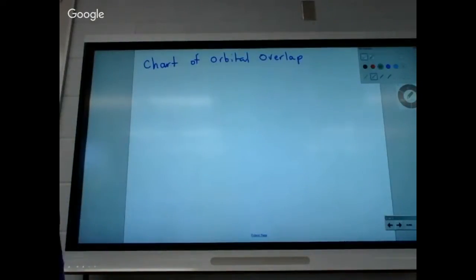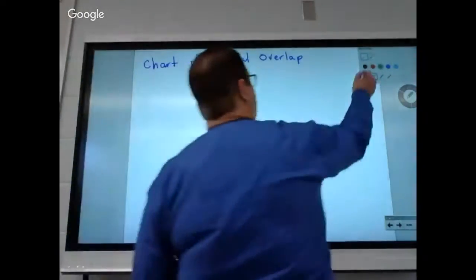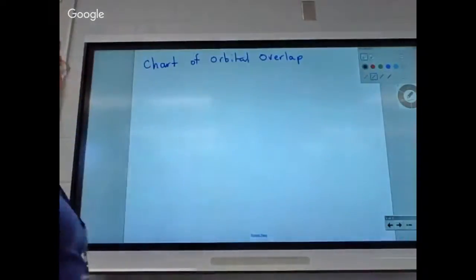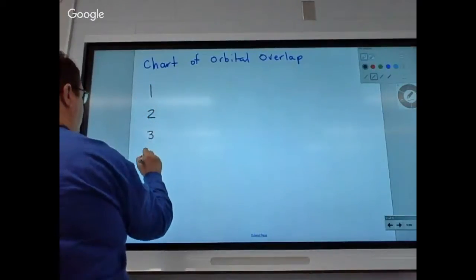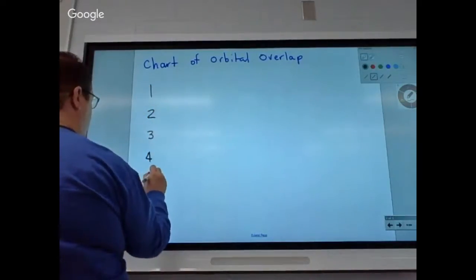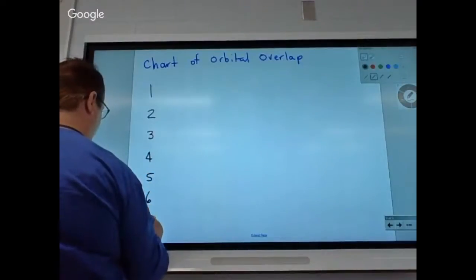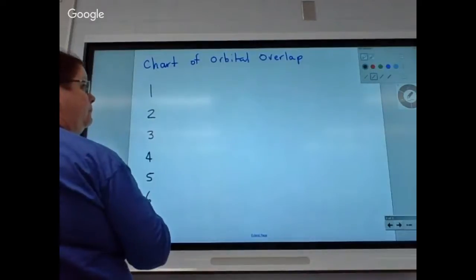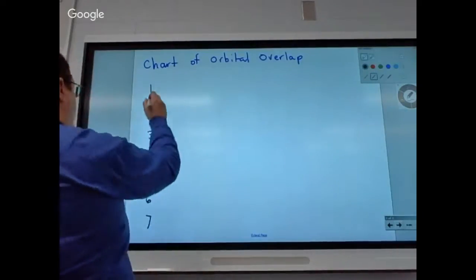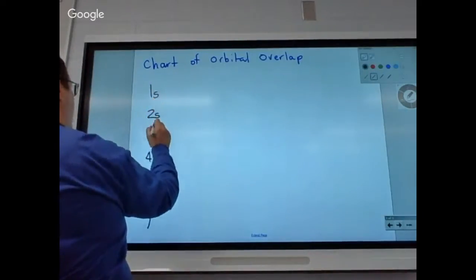Now, we're not memorizing this. I don't want anybody to memorize, so we're going to read a chart. So, how does the chart look? All right, can you count 1 to 7? Okay, you can count 1 to 7, straight down. Now, this works really well on lined notebook paper. So, what's the first sublevel? I'm going to put S beside all of 1 through 7.